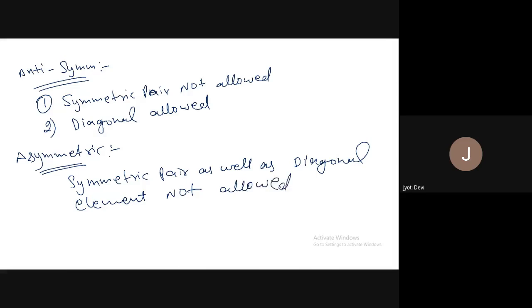Okay, so transitive means if (a, b) is present and (b, c) is present, in that case (a, c) must be present.